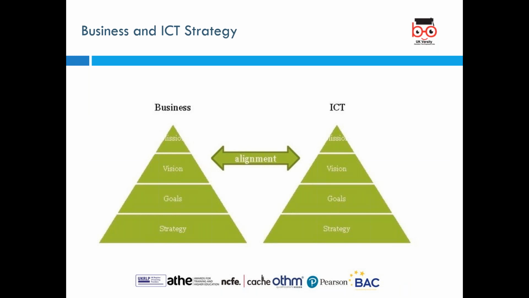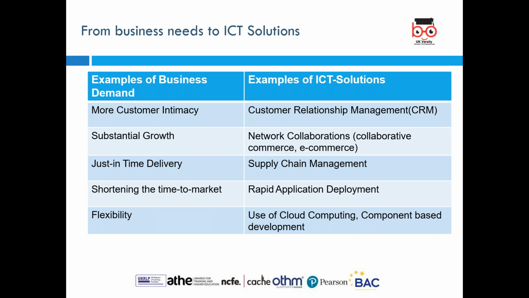By ICT strategy, we're going to analyze the pyramidal business layers, where we have strategy at the bottom, and goal, vision, and mission, which have to always align with our ICT strategy. So they have to both communicate simultaneously.